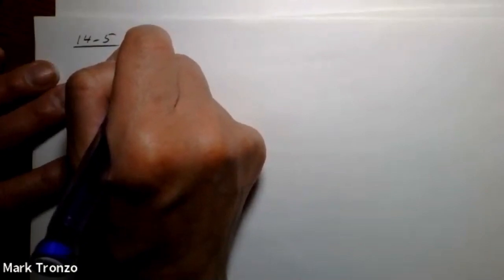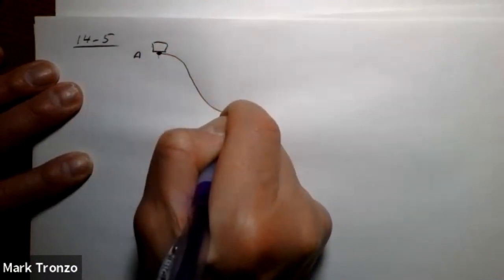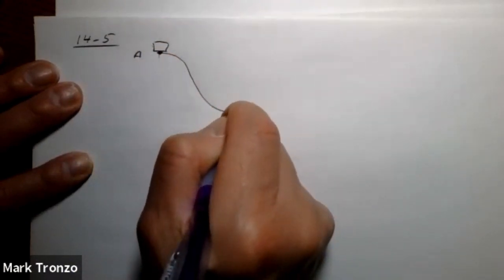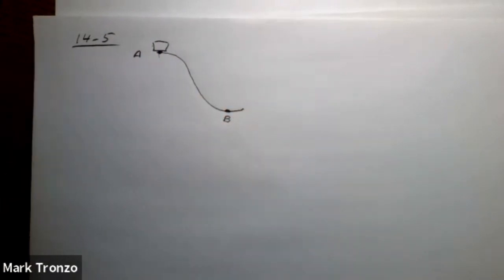So remember that the nice thing about the weight is all you have to consider is the distance you change vertically. So if you start up here at A and you go down this roller coaster, down at B, and so there's no friction.